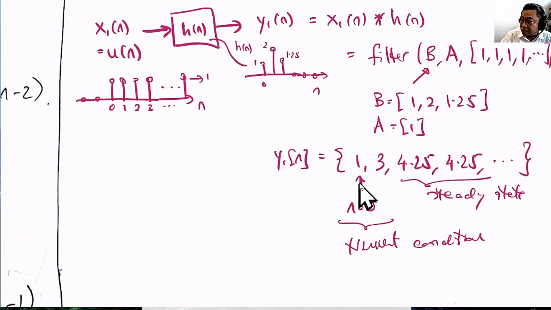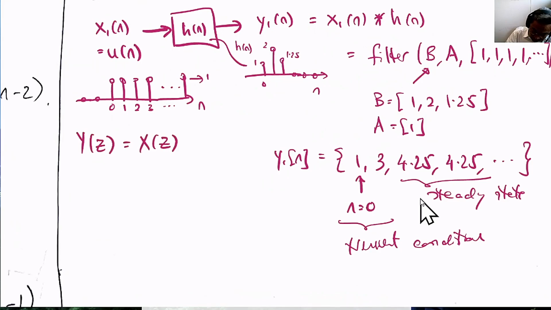Now if you're wondering how we can get this through the z transform, basically you should try this. Y(z) equals X(z)H(z), and then you'll get the expression.